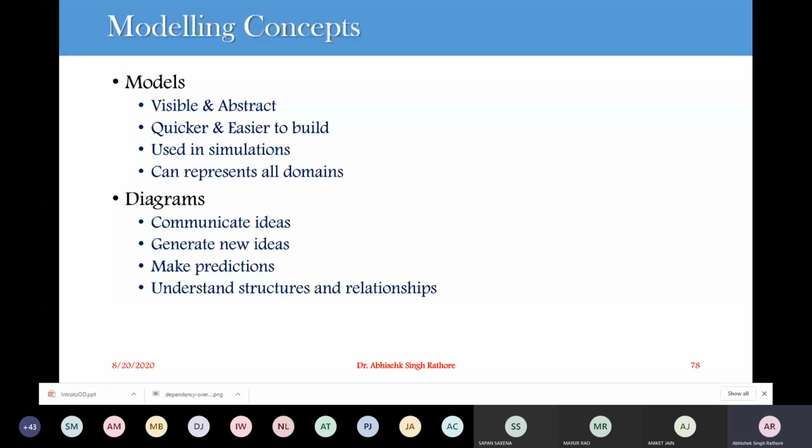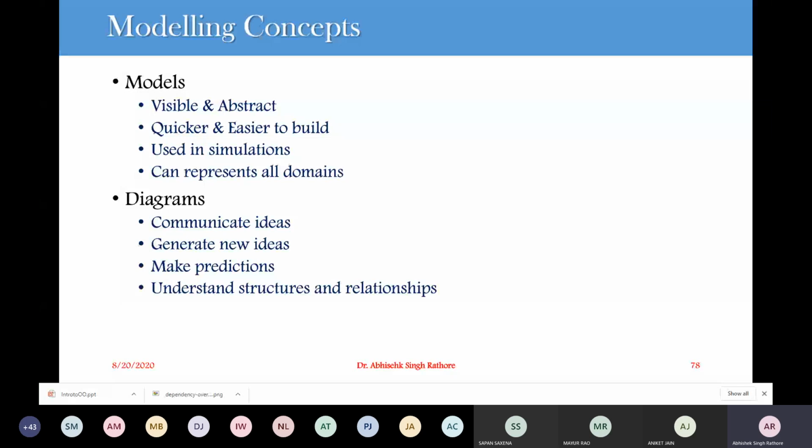Then next is the diagram. So what are diagrams? Again we have a definition. A diagram is just a plain sketch or drawing or outline designed to demonstrate how something works, clarifying the relationship between a part and the whole. In mathematics, it is a graphical representation of an algebraic or geometric relationship.